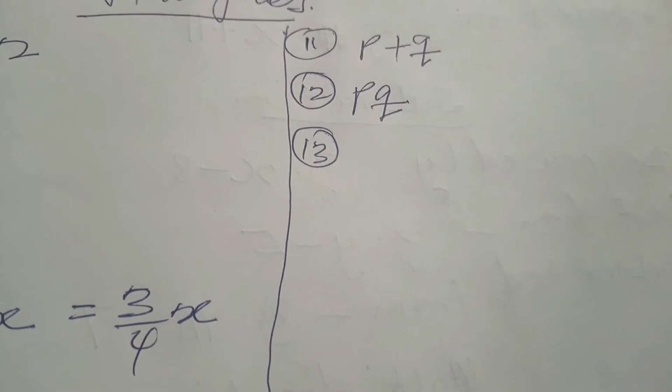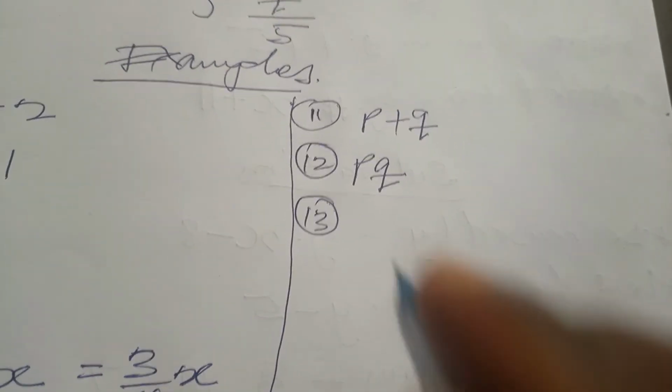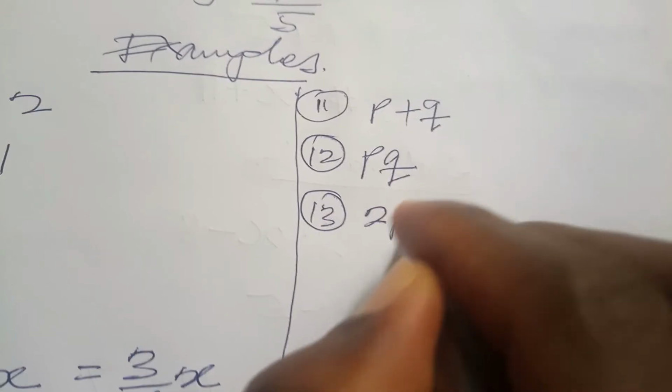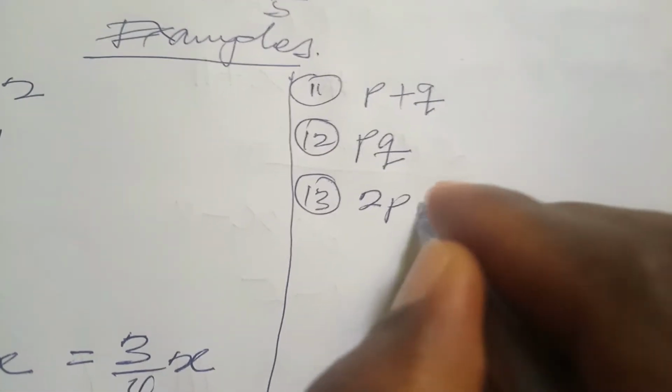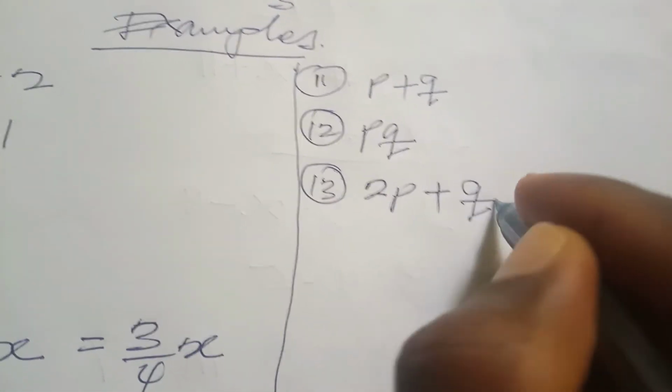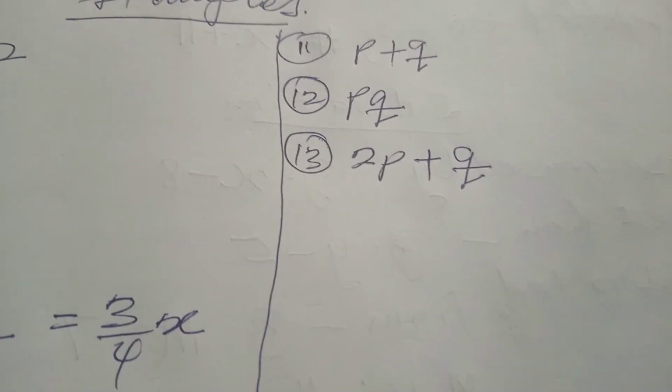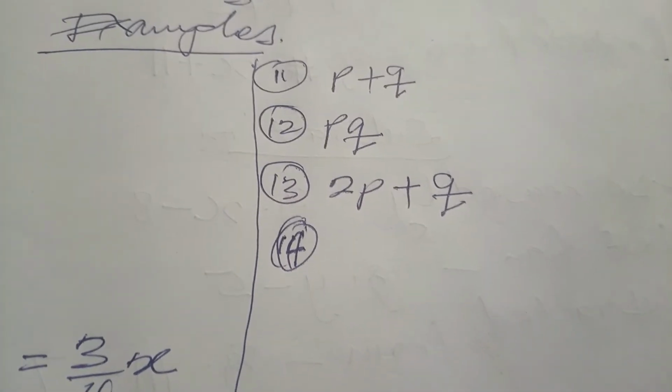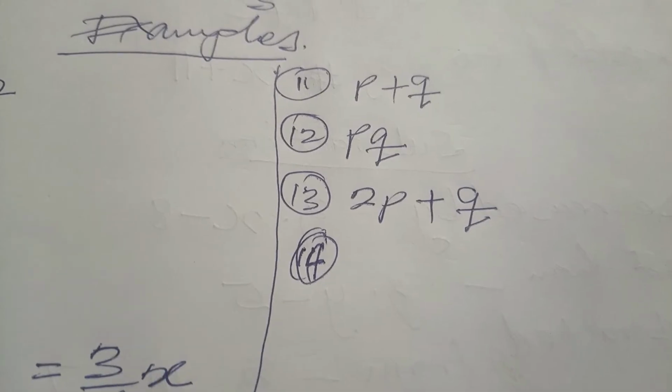Sum of twice p and q. So I'm sure you got 2p to stand for twice p, and the plus stands for the sum. Sum of 1/4 p and 2/3 of q.